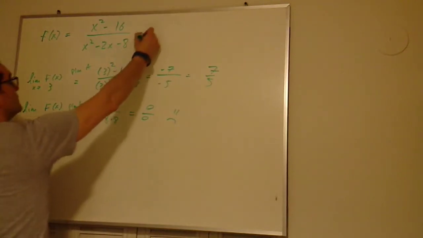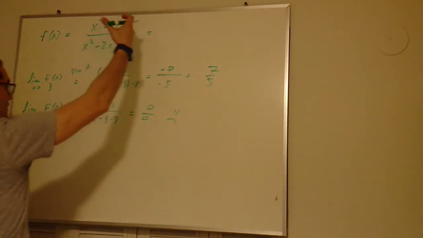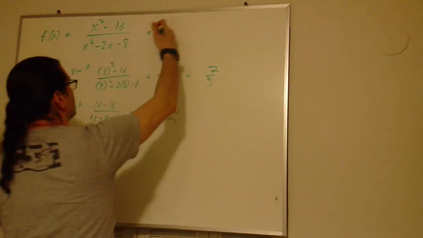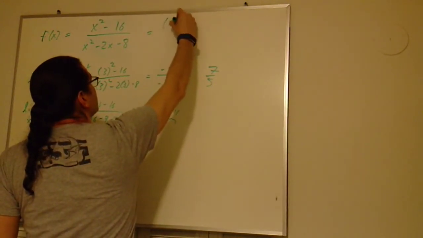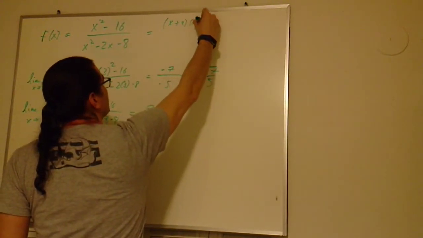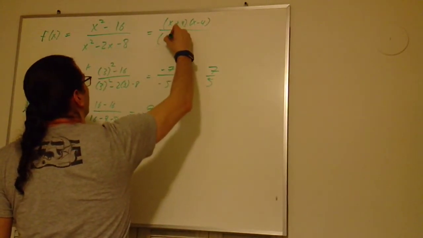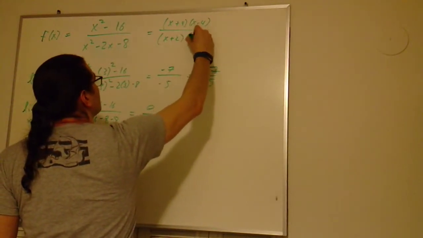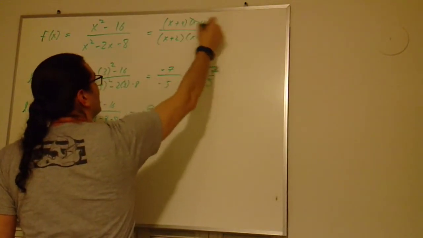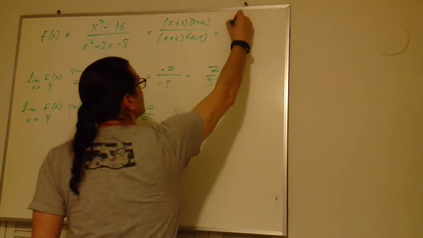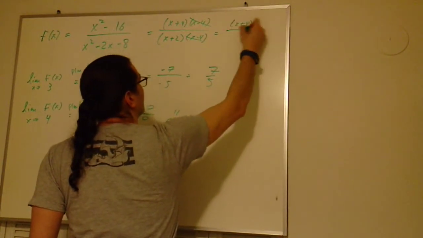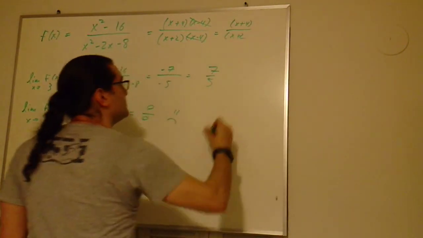So then we go to plan B, where we simplify this and then try to plug it in after it's been simplified. This is x plus 4 times x minus 4. This is x plus 2 times x minus 4. That cancels. This leaves us with x plus 4 over x plus 2.